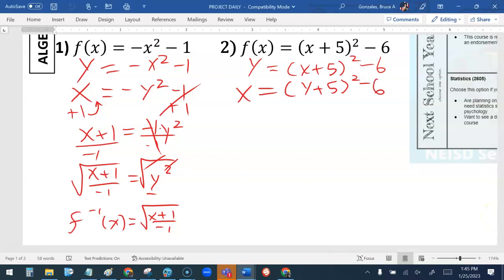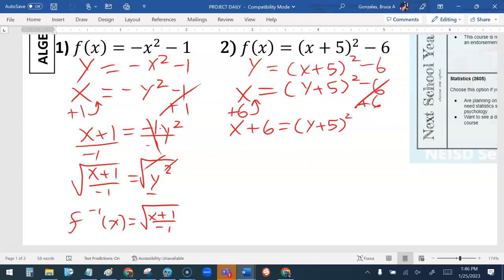Next step, I'm solving for y. Do I get rid of the 5 or the squared or the minus 6? What do I get rid of first? Minus 6 is the loner, so the opposite of minus 6 is plus 6 here, plus 6 here. We got x plus 6 equals y plus 5 squared.